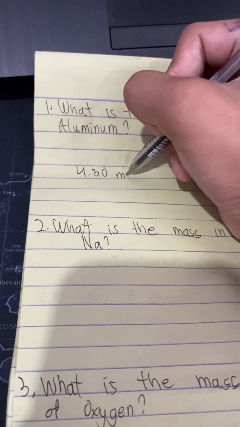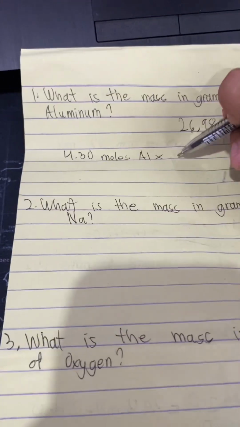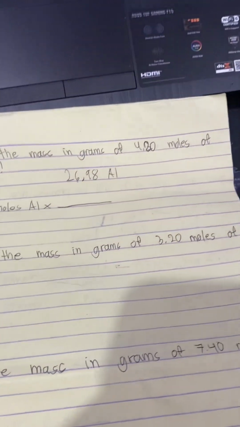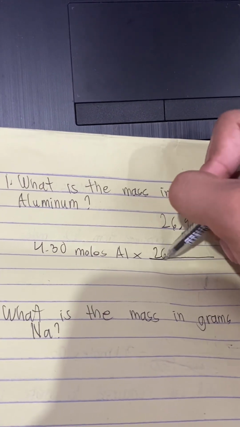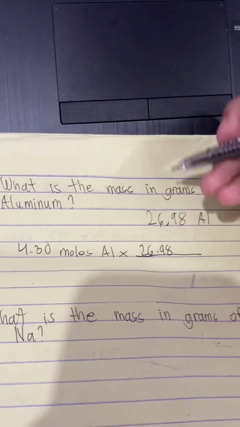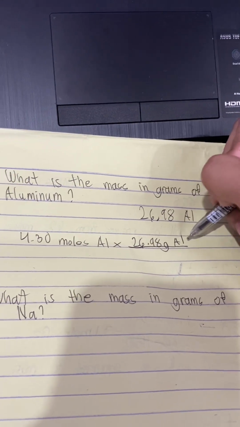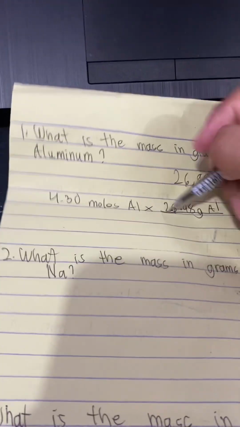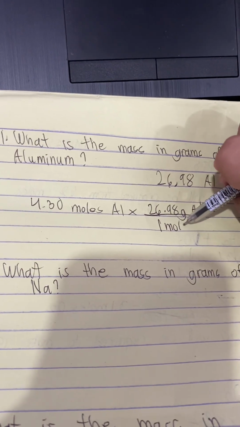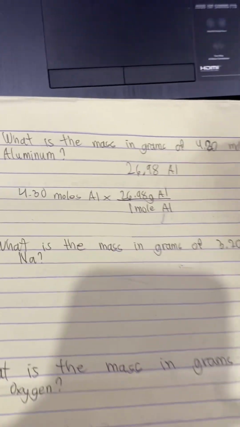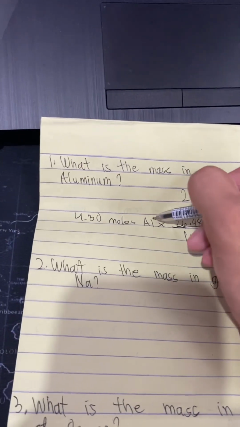And let's put the molar mass of aluminum, 26.98 grams aluminum, and put 1 mole of aluminum here, and then close that.